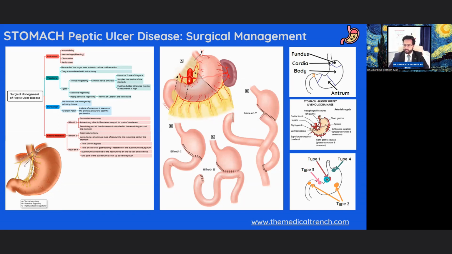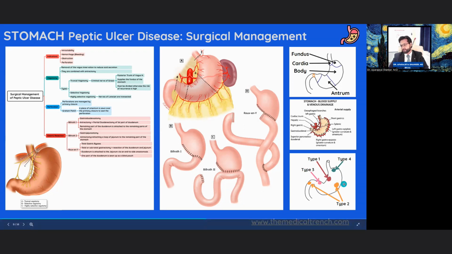So for example, this is a type 1 in which you can get away with doing a subtotal gastrectomy and still do a Billroth 2 because you have enough remaining stomach volume. If this tumor was very close to the gastroesophageal junction, then you would have to do a Roux-en-Y in which you remove this whole thing, leave only the fundus, and then you do this rearrangement, right?